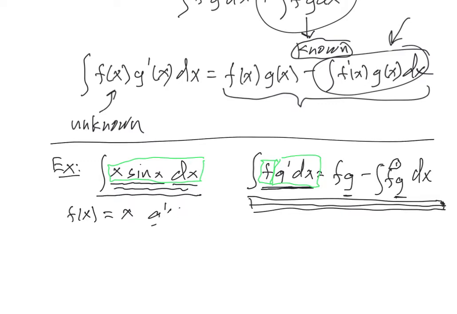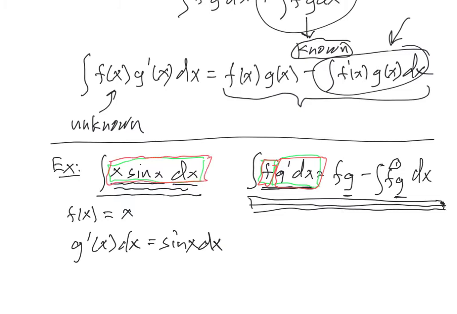Let me clean that up. It's a little hard to read. I'll write it down below. So g prime of x dx is sine x dx. And so here's f, here's g prime dx, and we've accounted for everything here. And as soon as we make our decision, we see on the right-hand side we need to know f prime.